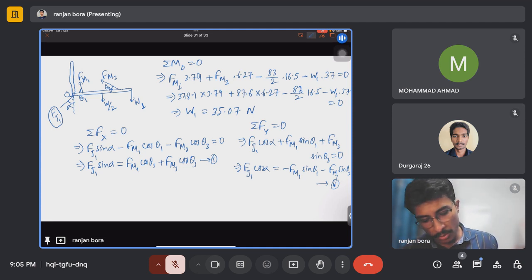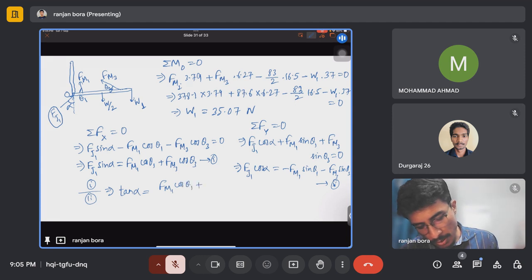Now what we'll do, we'll do 1 divided by 2. If we do this, we'll get tan alpha equal to cos theta 1 minus Fm1 sin theta 1.